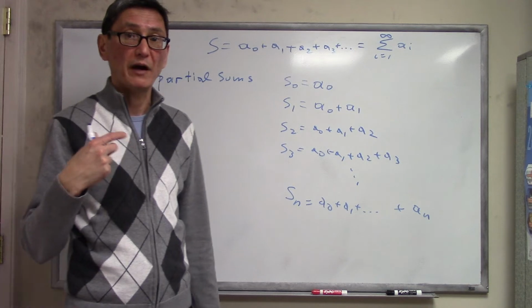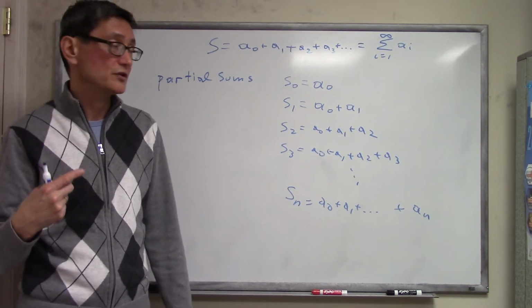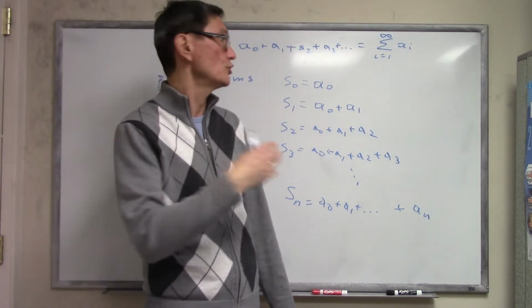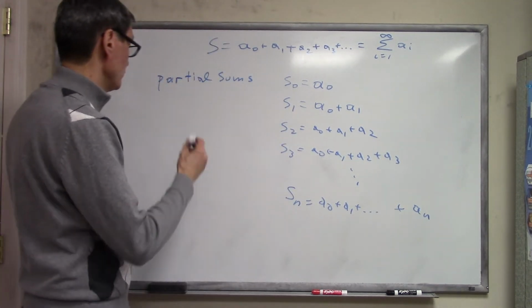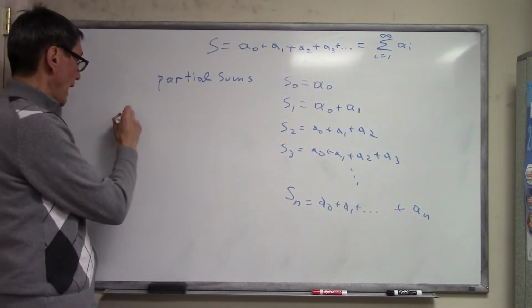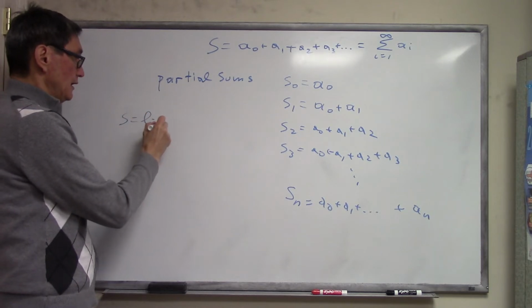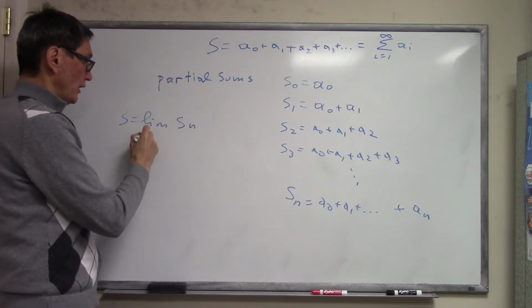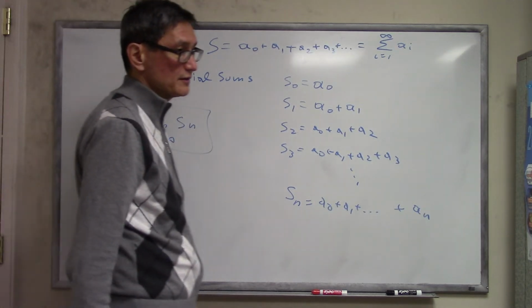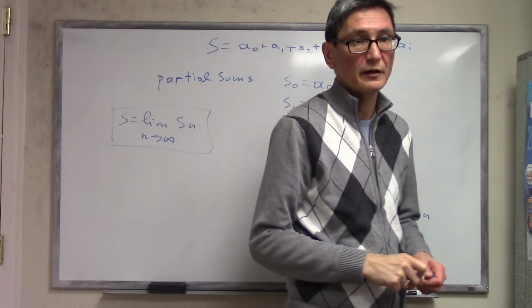We'll look at the pattern of what is happening with our partial sums, and that limit of partial sums is going to be equal to S. More formally, S equals the limit of Sn as n approaches infinity. So the limit of partial sums is the value of our series.